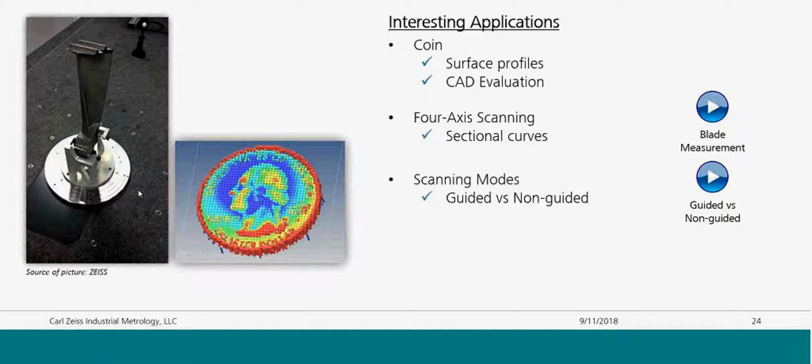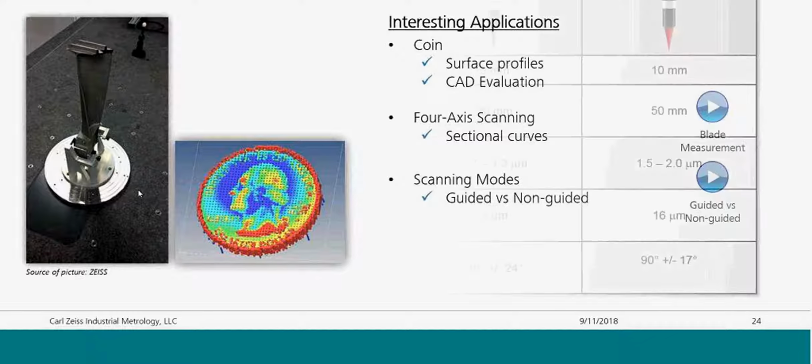So there's no signal and no measured results on a part. Well, with guided scanning, the sensor will always follow the contour of a part. So if the part has a defect and drops, the sensor will actually drop with the part so that it doesn't lose that data as it's scanning.